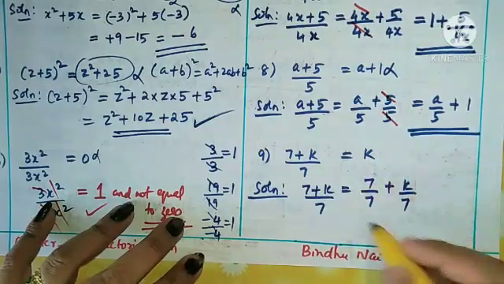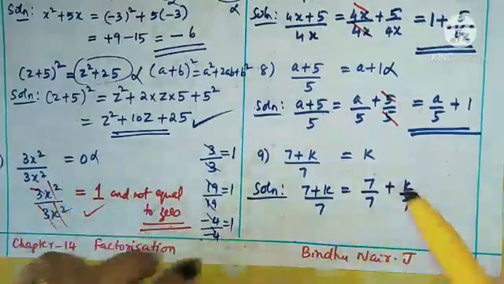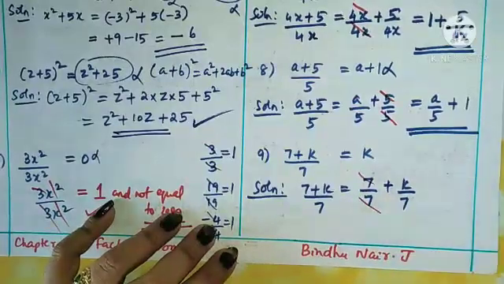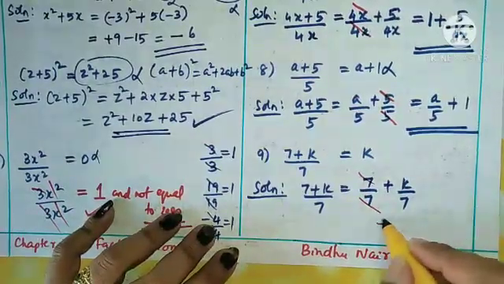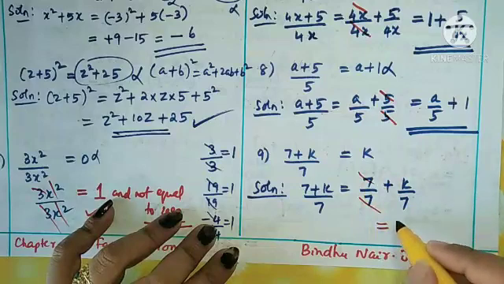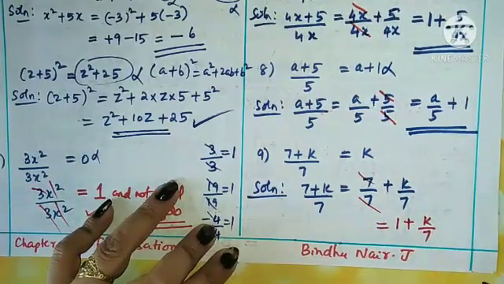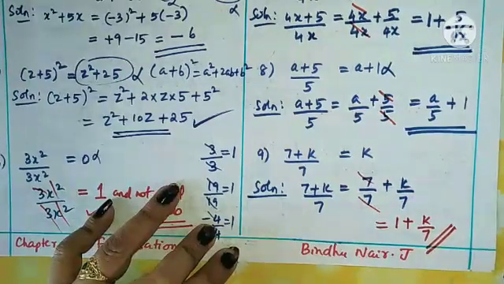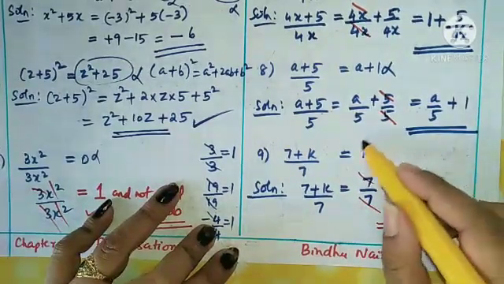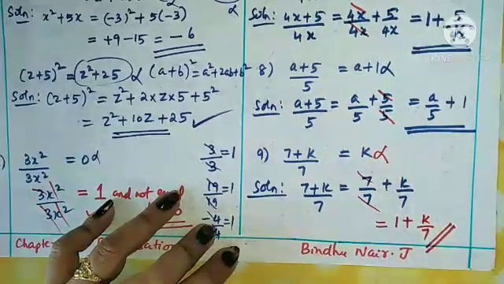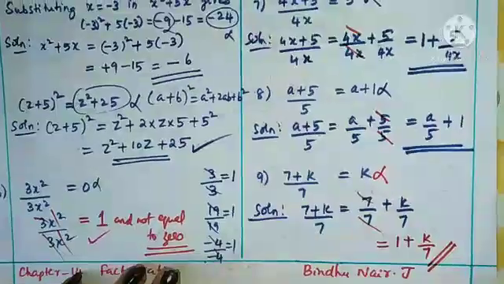This is the correct method of writing. Now 7 and 7 easily cancel. So in the place of this you will get 1 plus k by 7. So this is the correct answer. Here the answer given was k, which is wrong. So this is the way to do these type of problems.